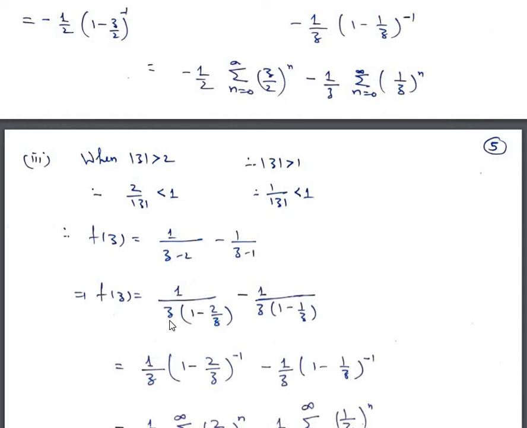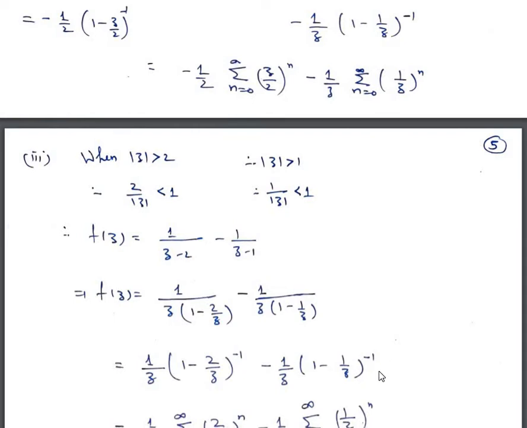So we have 1 upon z into (1 minus 2 upon z) minus 1 upon z into (1 minus 1 upon z), which can be written as 1 upon z into (1 minus 2 upon z) to the power minus 1 minus 1 upon z (1 minus 1 upon z) to the power minus 1.